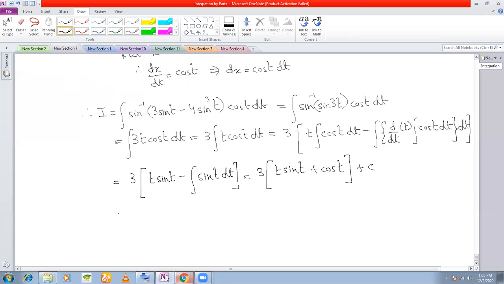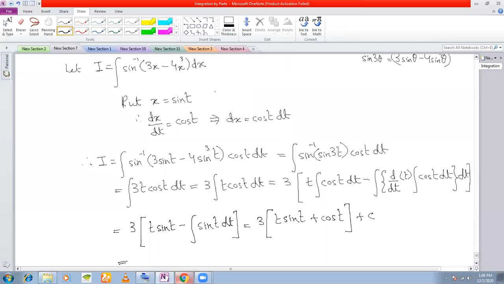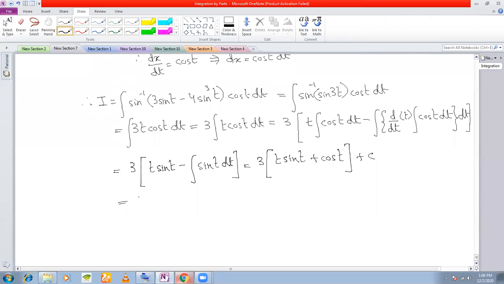Now you put back the value of t. What have we taken here? x is equal to sine t. That means t is equal to sin inverse x. So you put it back. 3 times sin inverse x into sine of sin inverse x plus, now what is cos t?